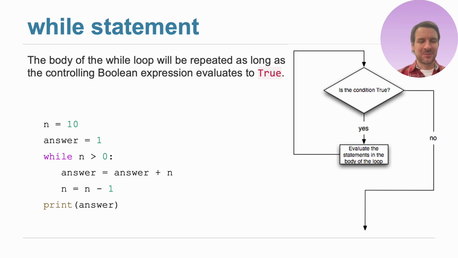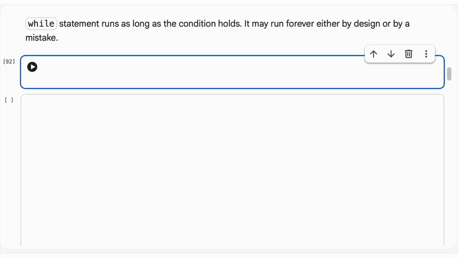You will create a loop that makes the computer run forever or until some overflow happens. So in this case you have to be a little bit more careful to make sure that you don't create an infinite loop, a loop that can run as long as the condition is satisfied, or maybe run forever.